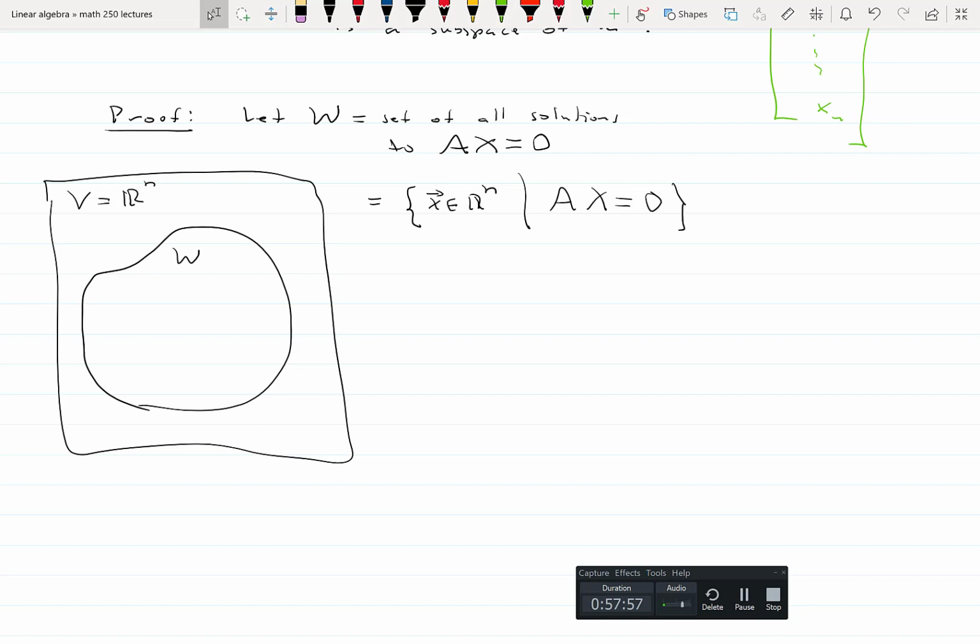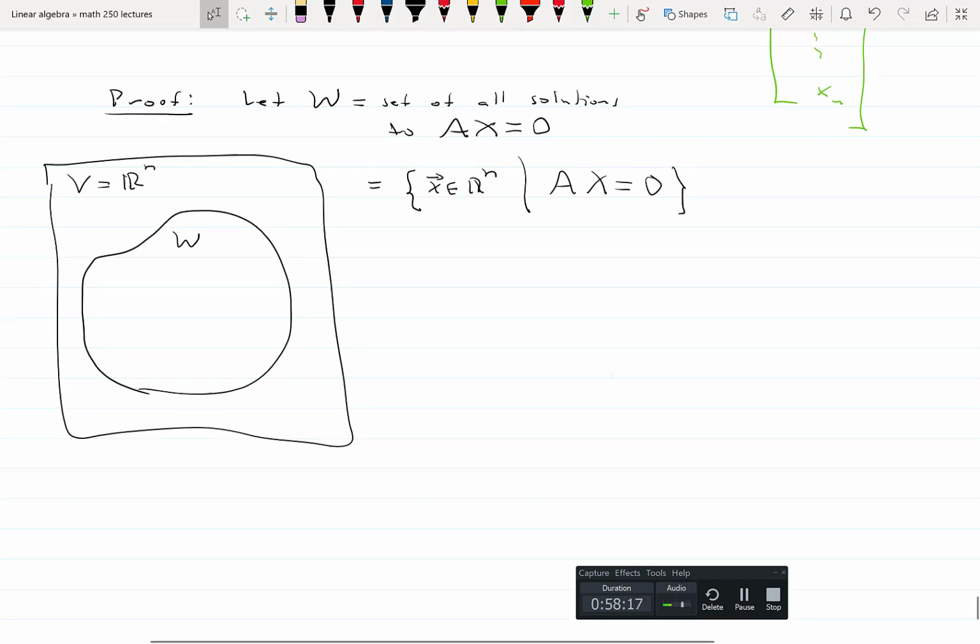Because every homogeneous system has what solution? Every homogeneous system has the trivial solution, the element of Rn where all the entries are 0.